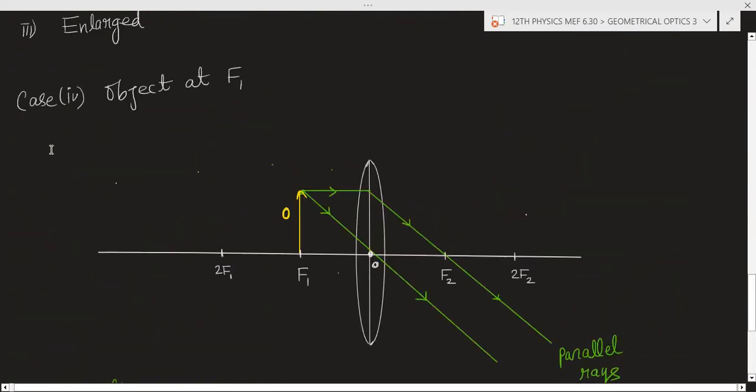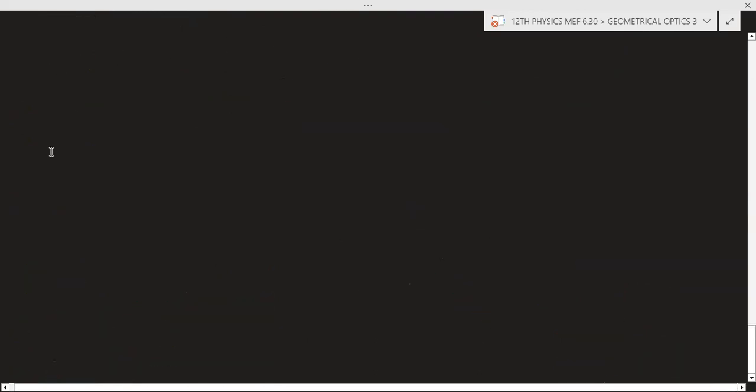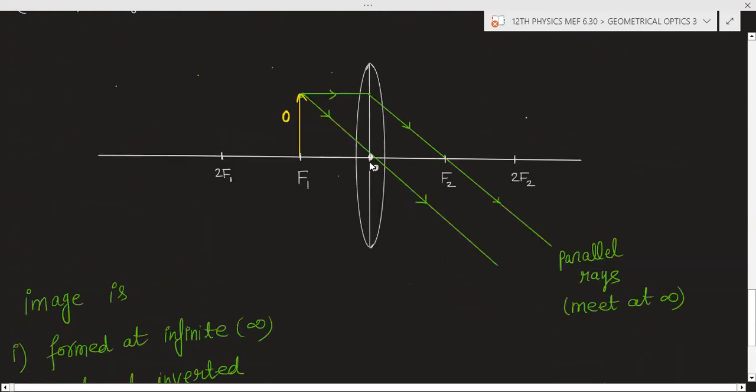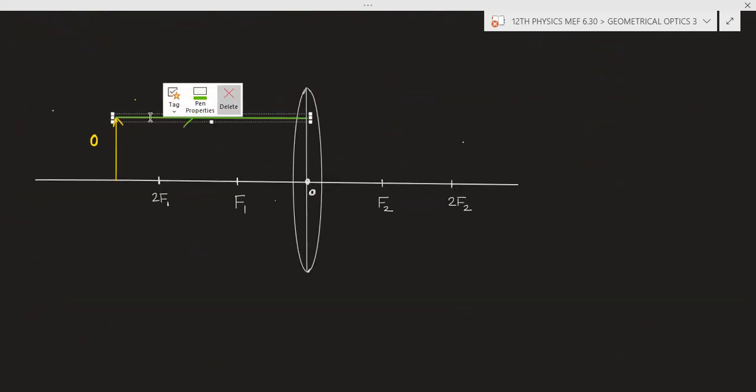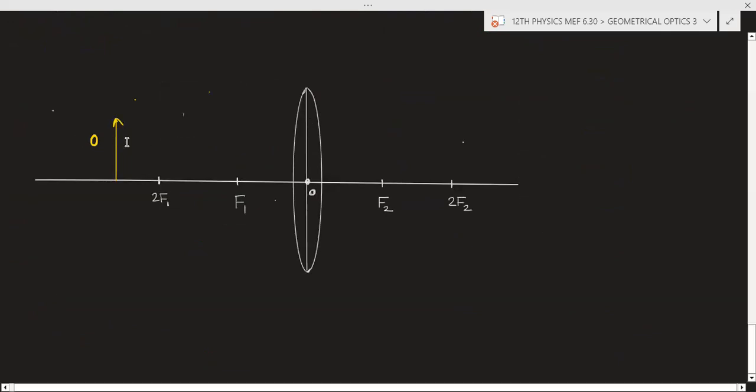Now case number five. Now we will place the object between optical center and focus. First we placed the object beyond 2F, then at 2F, then between 2F1 and F1, then at F1.